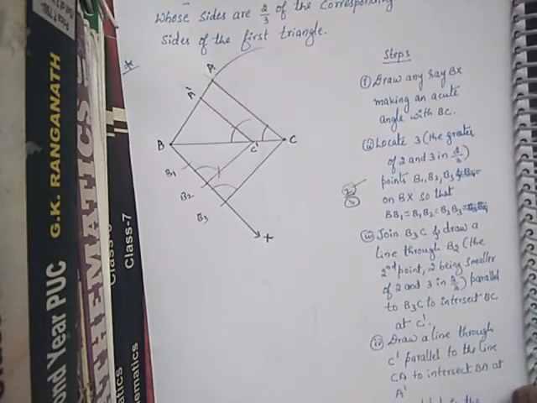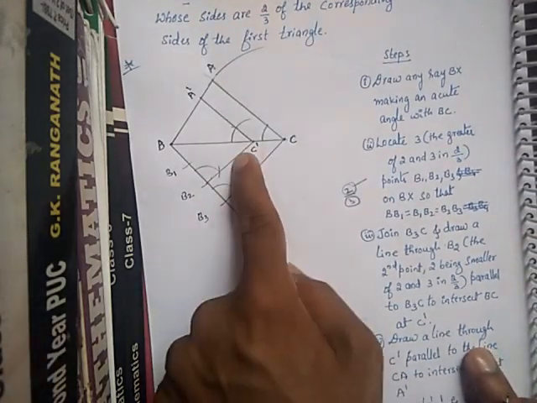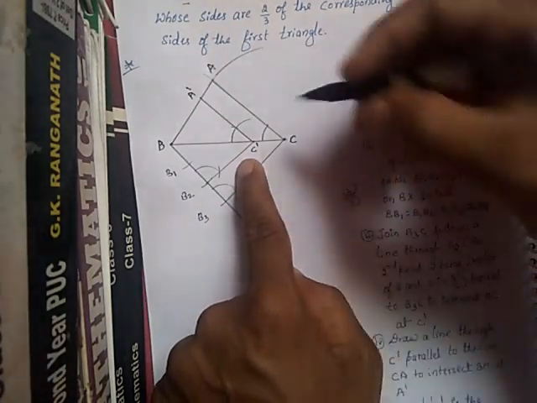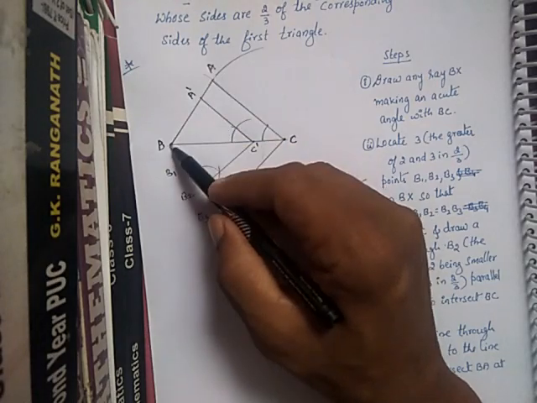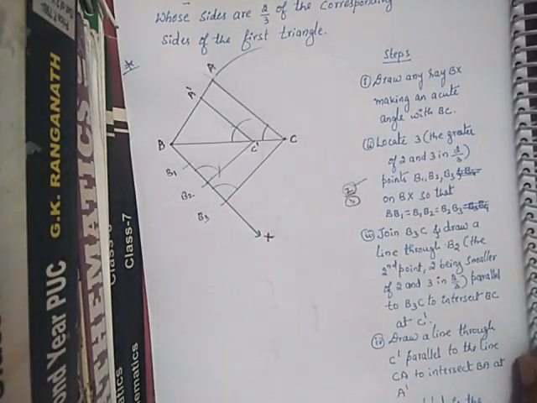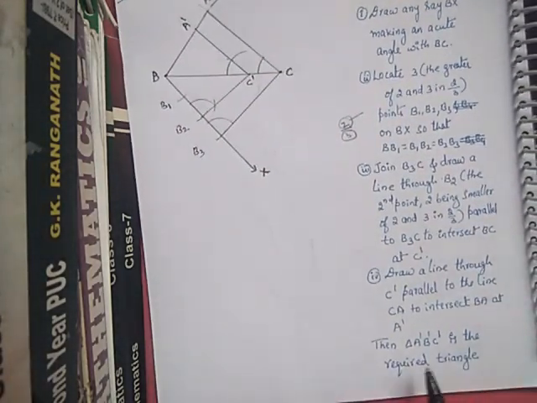So see here, draw a line through C dash parallel to the line CA. This is the line CA, parallel, so it is intersecting BA at A dash. Then the required triangle is A dash B C dash.